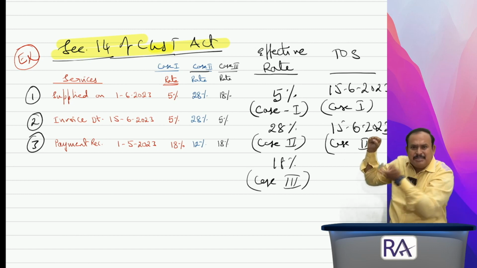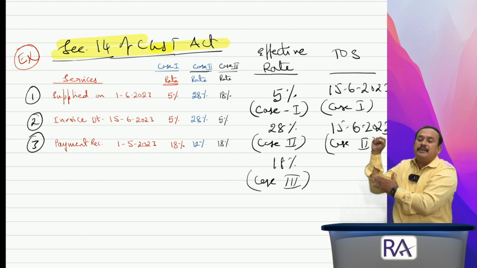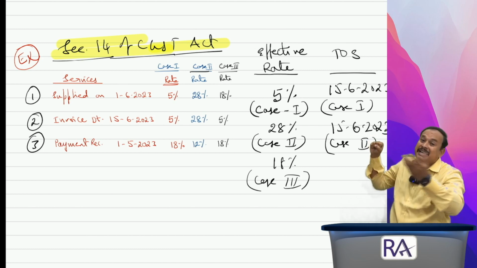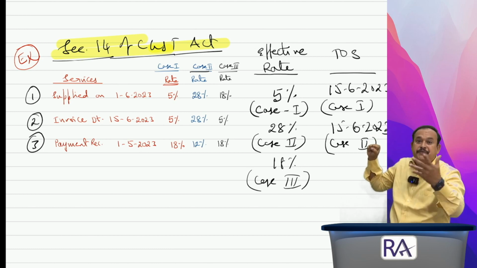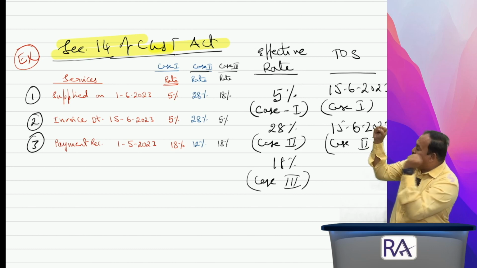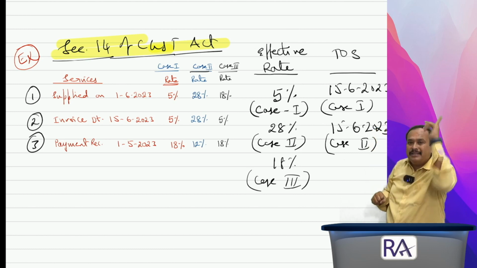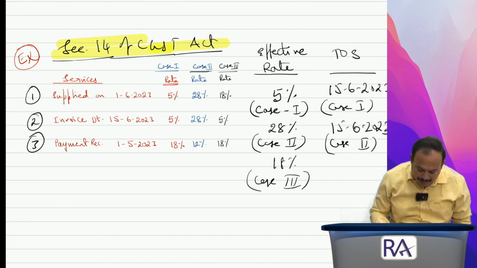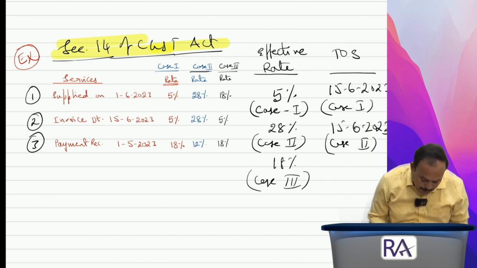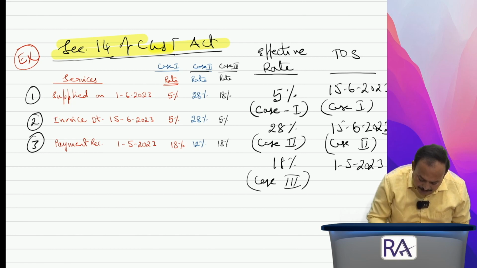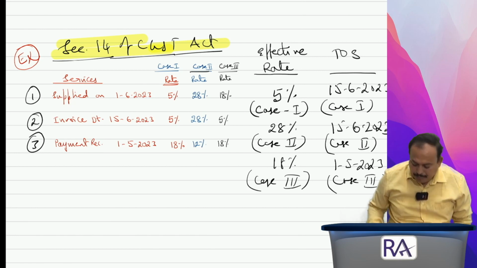Is the date of payment matching? Matching, sir. Date of completion of supply of service is 18%, date of payment received is also 18%. If so, the date of payment is matching with the date of completion of supply of service. If so, the date of payment is the time of supply. What is the date of payment here? 1st May 2023 is the time of supply in case 3.